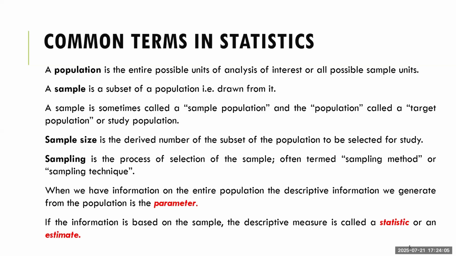So we take a sample out of it, and this sample is a representative sample. As much as possible, this sample should represent the population from which it was drawn. If 70% of the postgraduate students of the university are males, in your sample, it should be reflected as such.